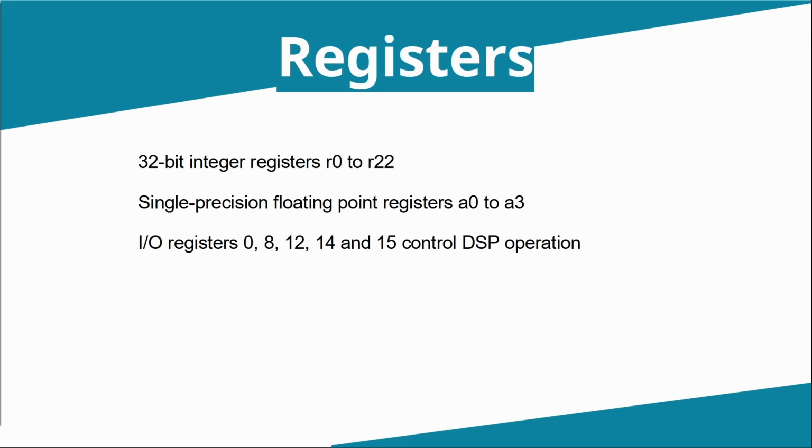Next, we have A0 to A3, which are single precision floating point registers, sometimes called the accumulators, 4 of those. And finally, there are some I/O registers that control the operation of the DSP chip. I'm not going to talk about those in great detail here, but they are covered in detail in the instruction manual. If you need to know more, that's the place to go.